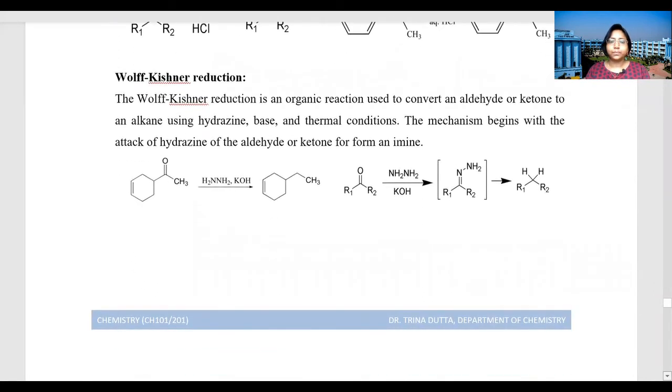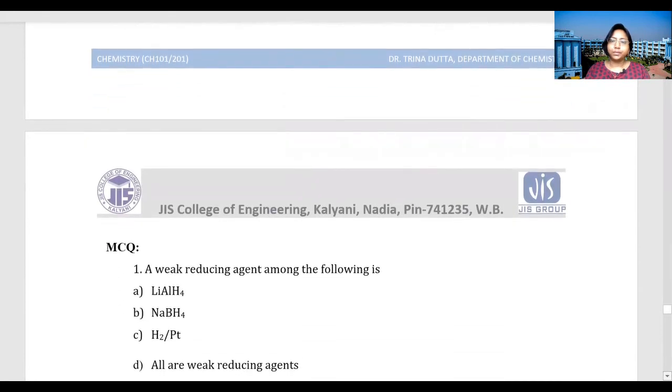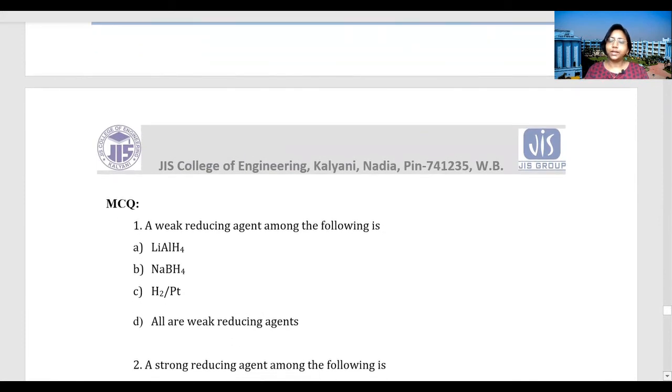Now, if I summarize what you have learned today. In the organic reactions, you have learned what a reduction reaction is, and what an oxidation-reduction reaction is. And you have learned different examples of oxidizing reagents.